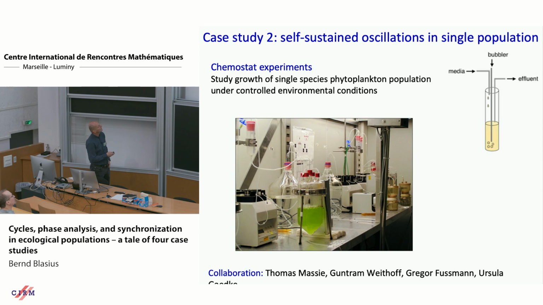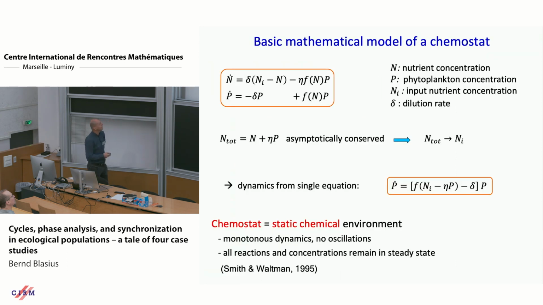So what could you expect? Let's first look a bit at theory. The theory for the chemostat is well established. You have an equation for your nutrient and an equation for your phytoplankton. You put in your functional response of choice, and you can run it.